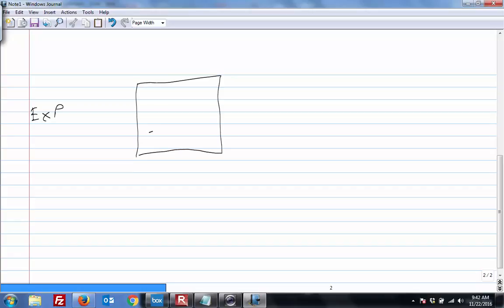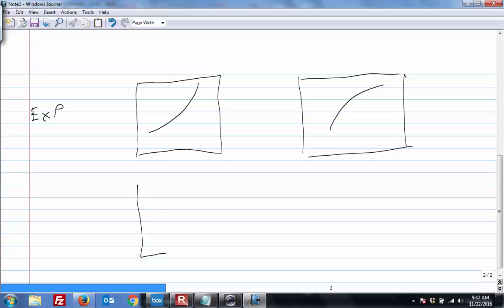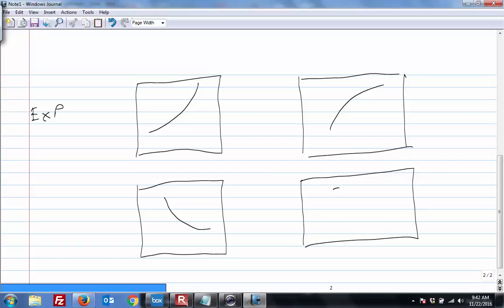It can sort of be in a runaway scenario, or it can approach something that looks more like this. And I guess there's a couple other things it can do too. It can do this. And what's the last one? So it can curve, or it could do this. Those are like the 4 different curves you can have.